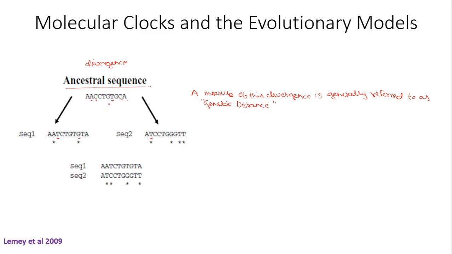If more time has passed, the two sequences will have more chance to mutate, and more divergence will happen between them. So now you know what molecular clock is, and we have defined the genetic distance as well, and somehow we have correlated them with each other.